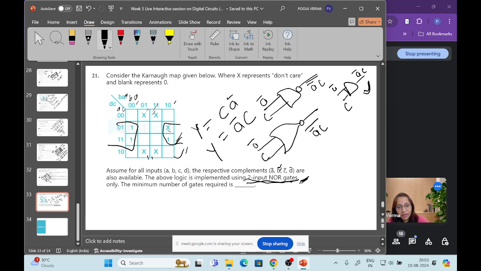But we have to get it in another way. So if we take C bar, then what will you get? The corresponding output A C bar, right? If you take now A plus C bar, right? So what will you get? A bar plus C here, right?